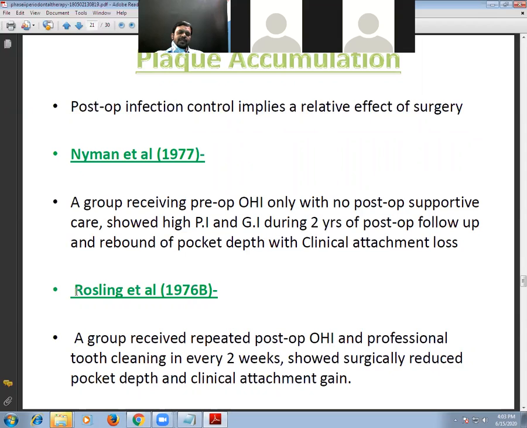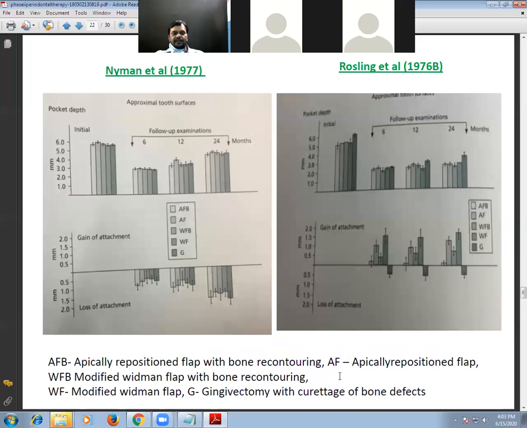According to Rosling, this was the author who performed pre-operative OHI as well as post-operative OHI, and the patients were kept on professional teeth cleaning every 2 weeks. These patients showed surgically reduced pocket depth and clinical attachment gain.